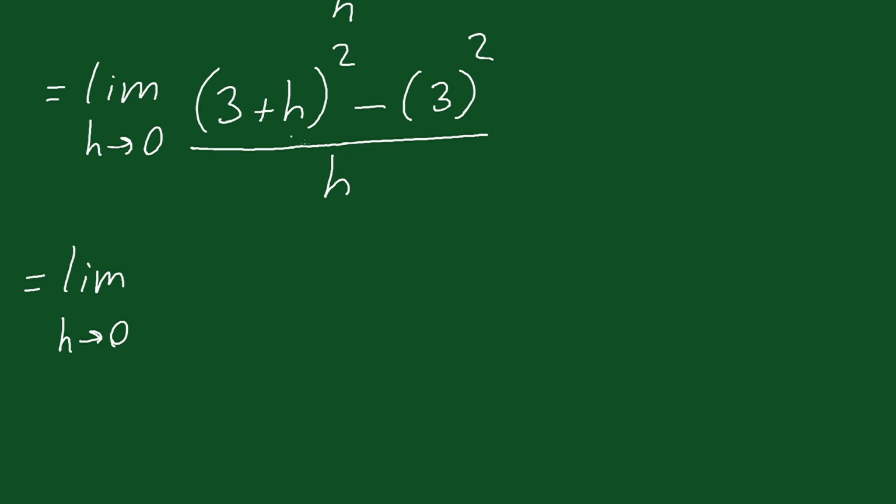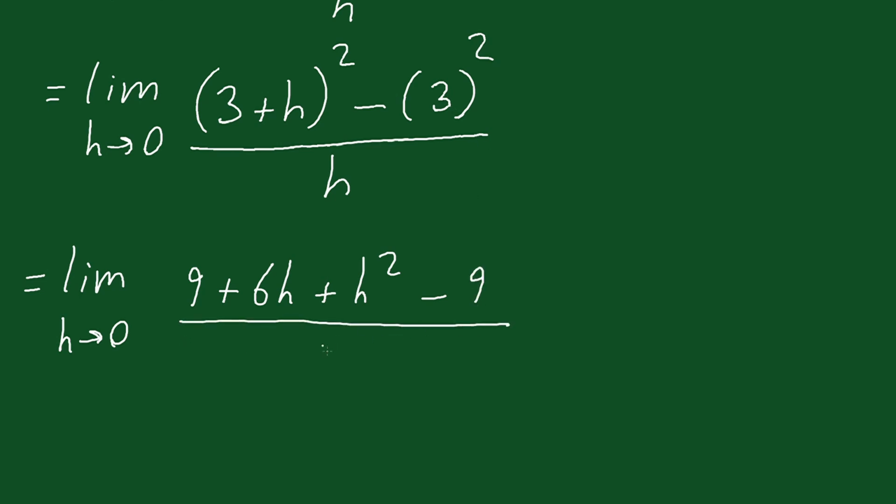Now let's look at this. Well, we can do some expansion, I think. We can expand this binomial, it's being squared. And if we do that, you'll have 9 plus 6h plus h squared. And then over here, you'll have minus 3 squared, which is 9, all divided by h.